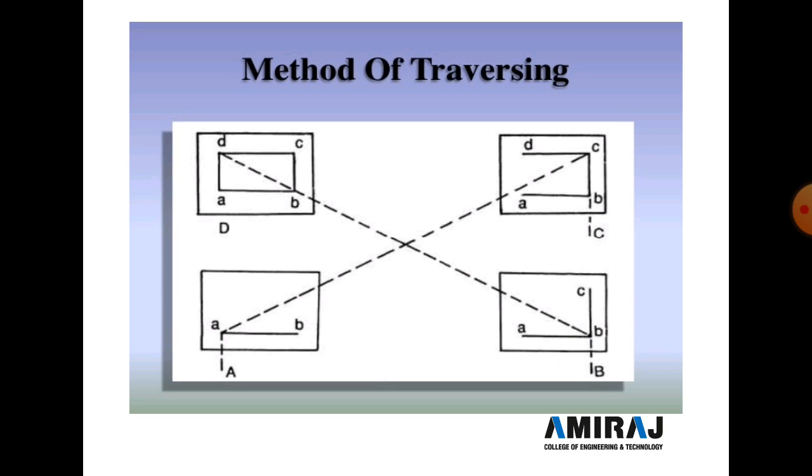From B, A is exactly seen, and since the A to B line is already drawn, the B to A line is not required. But from B, the C point is bisected and the line B to C is drawn. Clear?